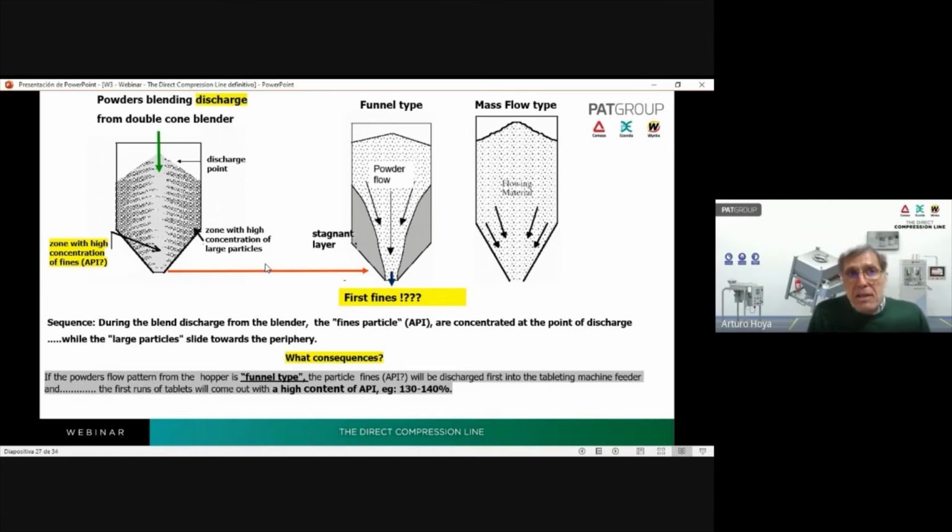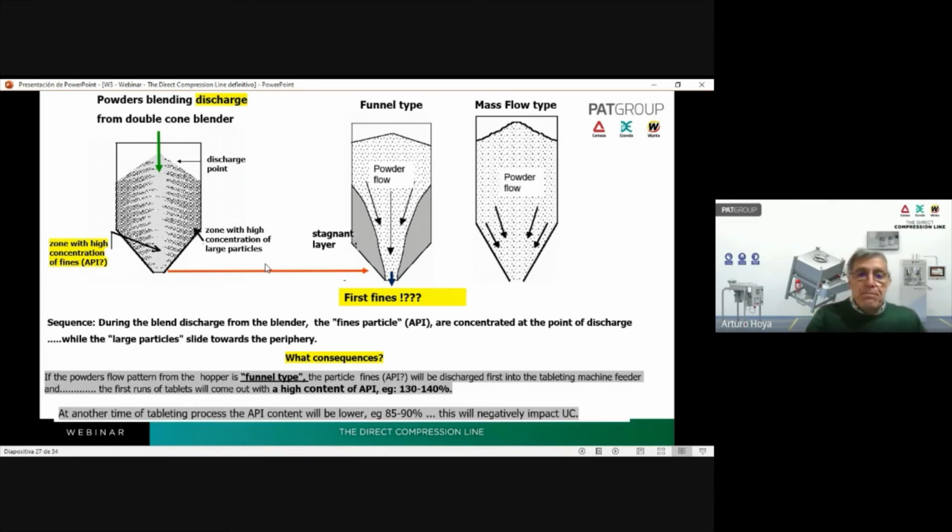For example, in my experience, I saw this in some cases. The first runs of tableting gave us tablets with 130 and 140% of API, and then in the last runs, tablets with API concentration of 80 and 85%. This is due to segregation by sifting.